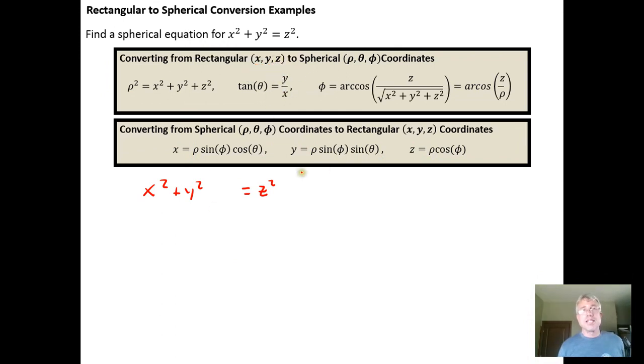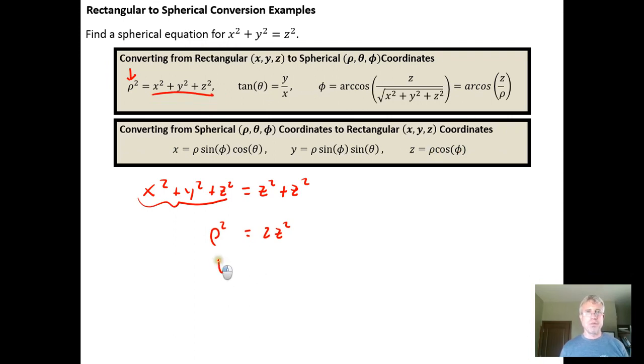So when I see this, I want to take advantage of the fact that the sum of the squares of x, y, and z is equal to rho squared. Just adding z squared to both sides gives me a rho squared right here. So I get rho squared equals 2 times z squared. Then I can square my z and replace it with rho squared cosine squared of phi.